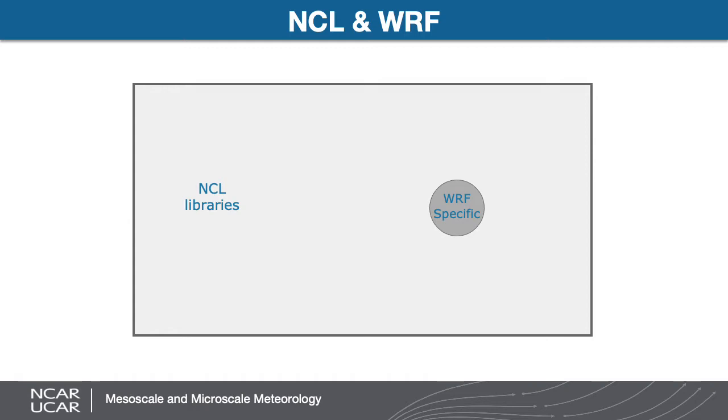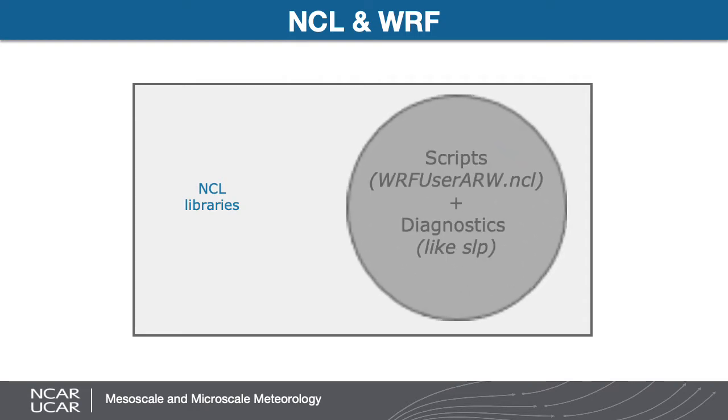I'm just going to show you really quickly how the NCL and the WRF-specific libraries work together. To start out, on our left, we have NCL libraries, and then we have WRF-specific libraries. These WRF-specific libraries are put in a script, which is easily accessed and downloaded with your NCL binary.